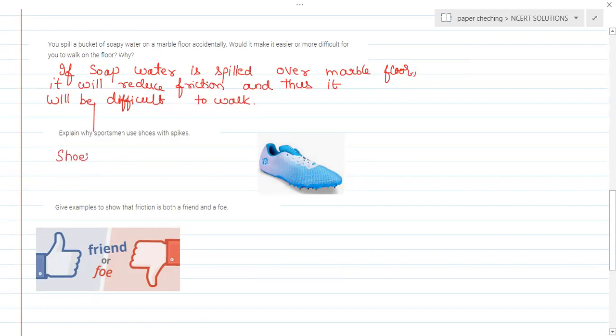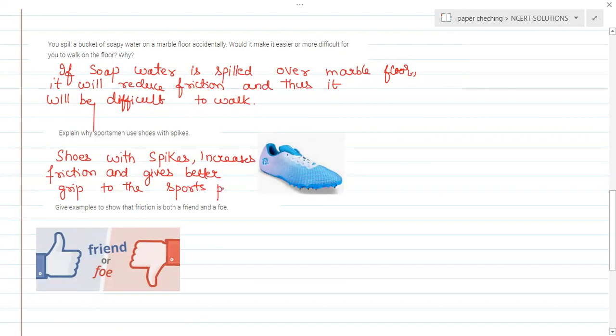Shoes with spikes increase friction and give better grip to the sports person.